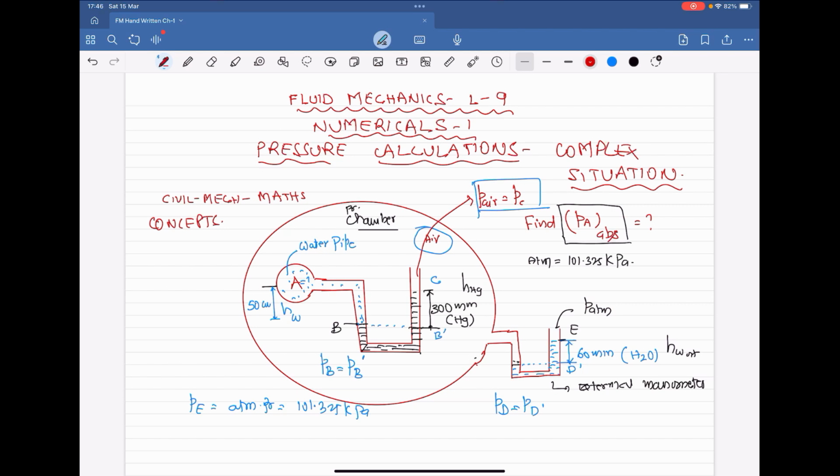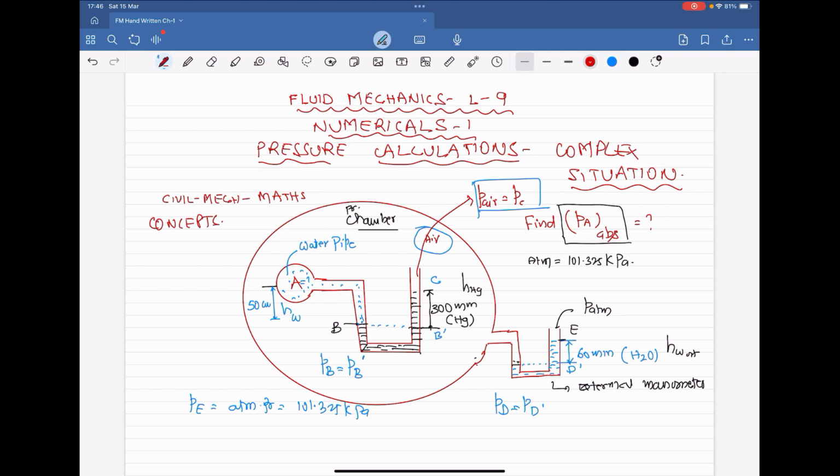But if you clearly understand after doing this problem, the pressure calculations using manometers, calculating the pressures at various levels under various conditions, you will be able to think that this problem is not as complex as it was written. It's a very simple problem. But the situation is complex.